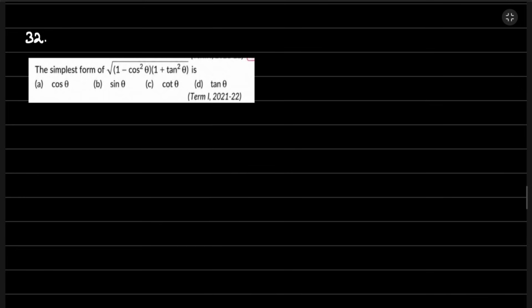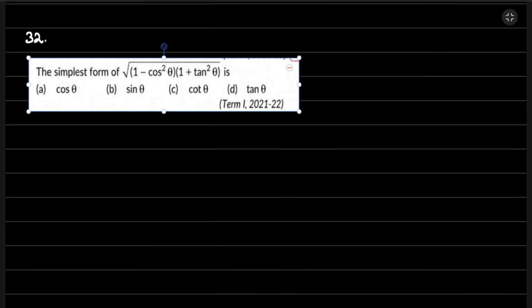The simplest form of, you are given an expression, you have to write it in the simplest form. So what is 1 minus cos square? It is sine square. So let me write it directly. Root of 1 minus cos square theta is sine square theta, and 1 plus tan square, I just told you, it is secant square theta.